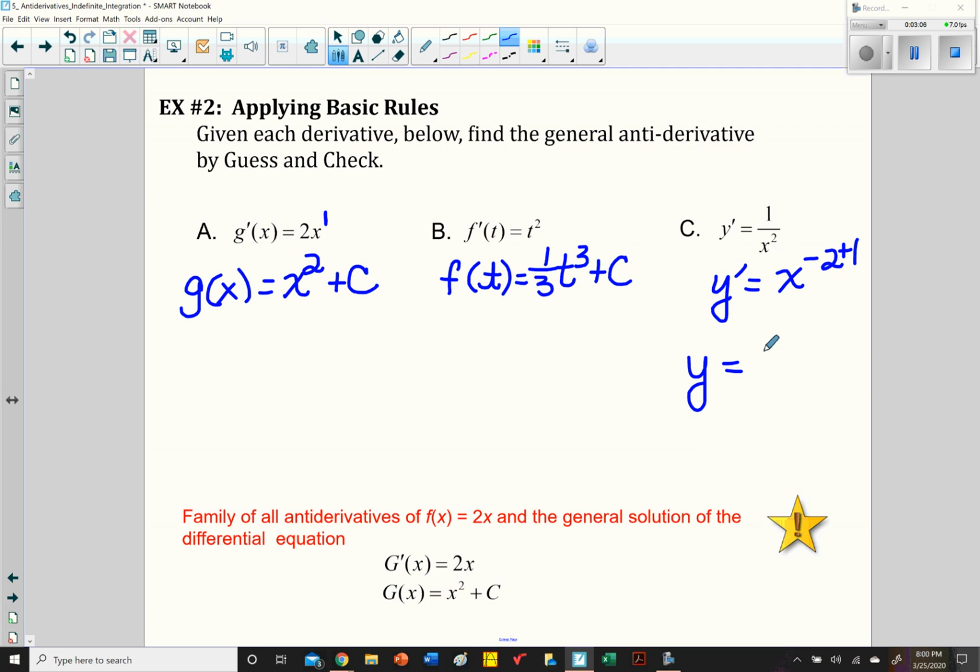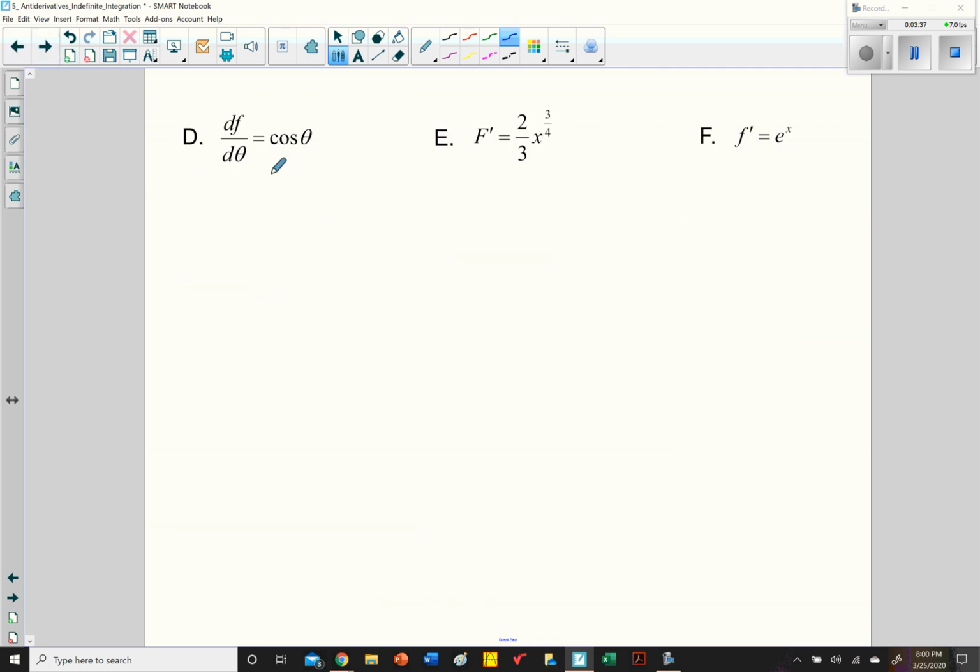So in the same way, we could add 1 to that, and then divide by -1, and the function is -1 over x plus a constant of integration. So the family of all the antiderivatives of 2x has a general solution of x squared plus a constant. And like I said, we're discovering the power rule as we go along.